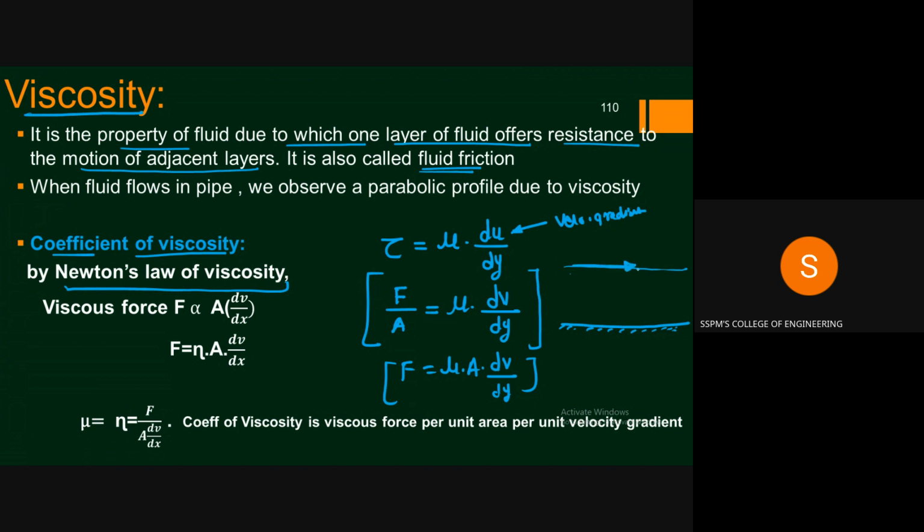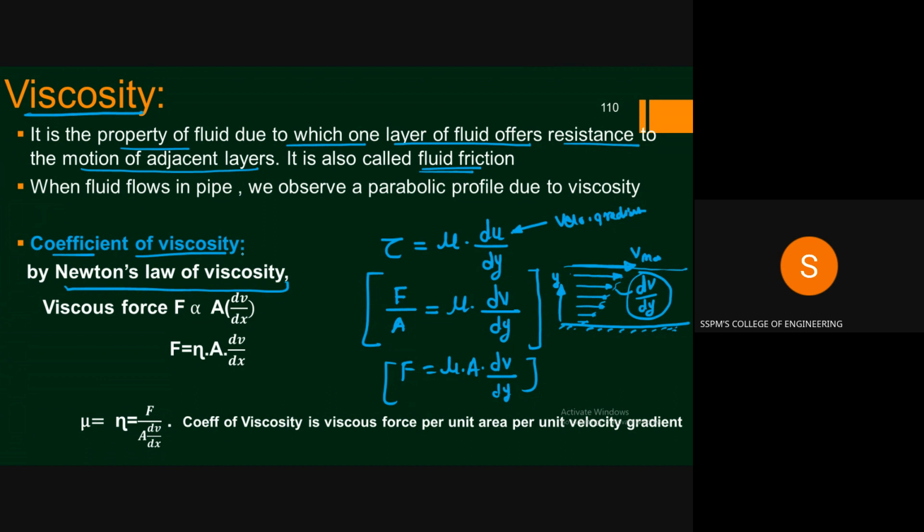The topmost layer or the free surface will have the maximum velocity, and this velocity will go on reducing like this. So if I consider this direction as the y direction, this variation of velocity is given by dv upon dy. So this is called the velocity gradient.